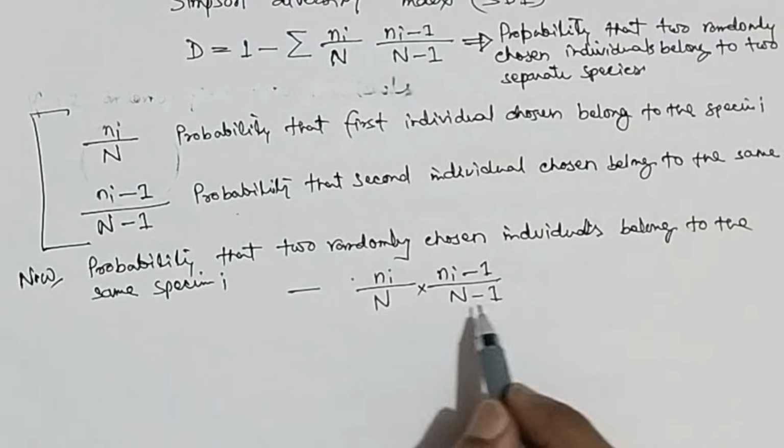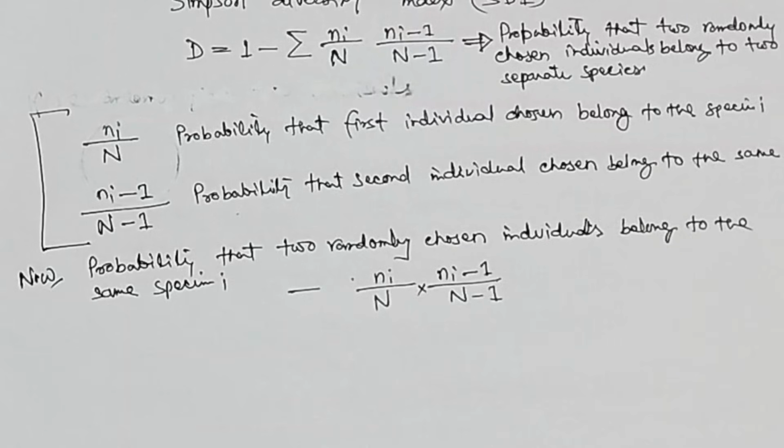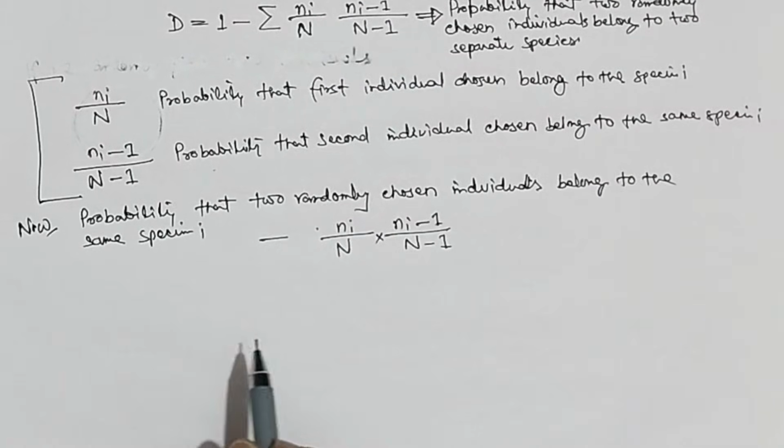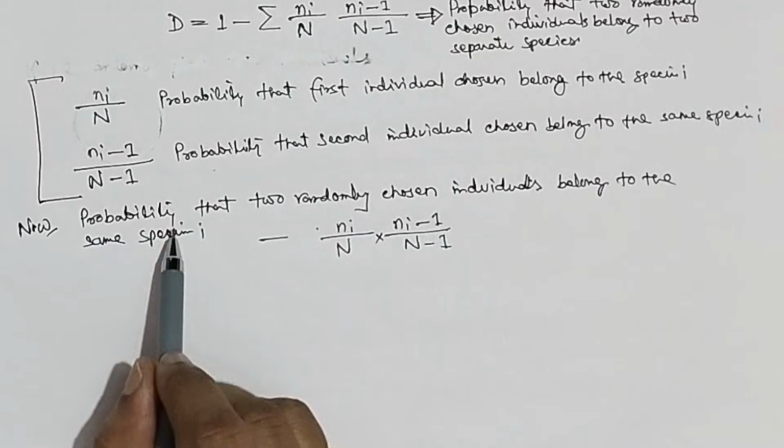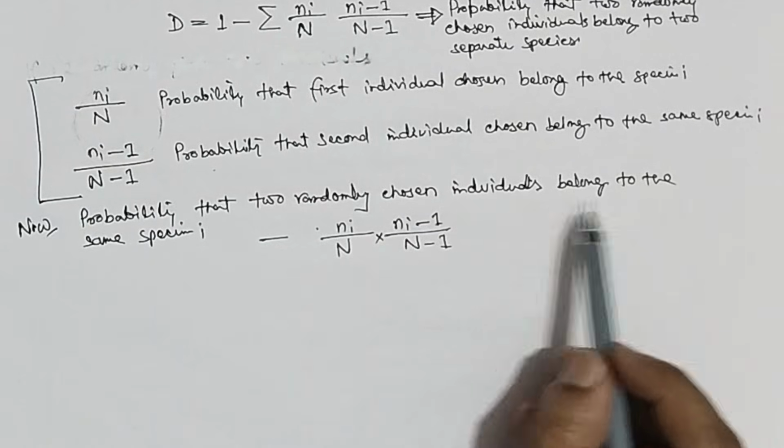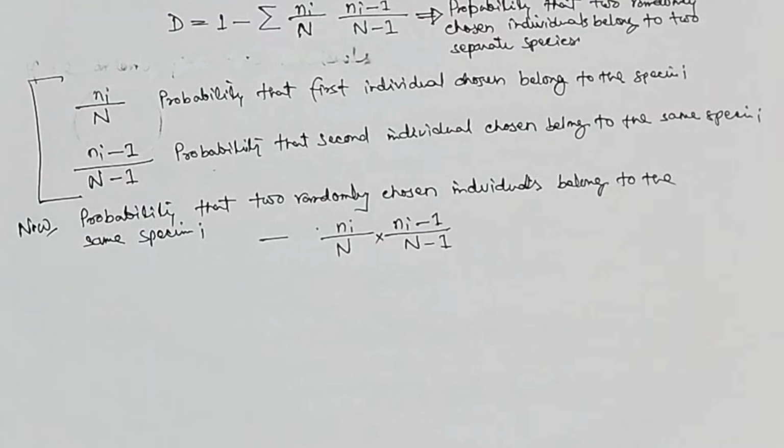This is the multiplication rule of probability. So it gives us the probability that two randomly chosen individuals belong to the same species.